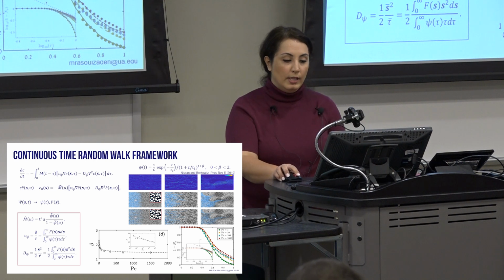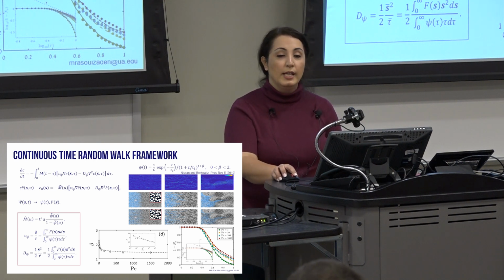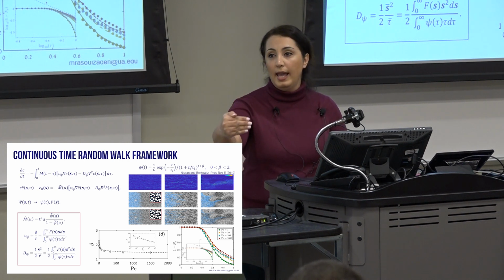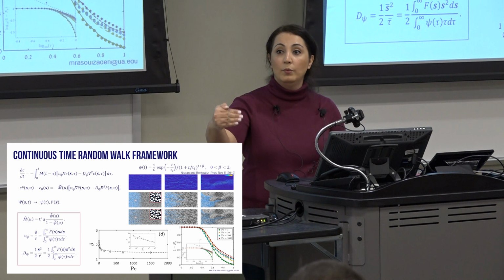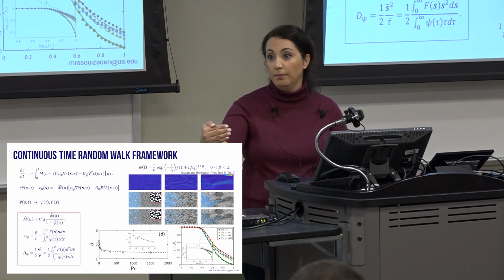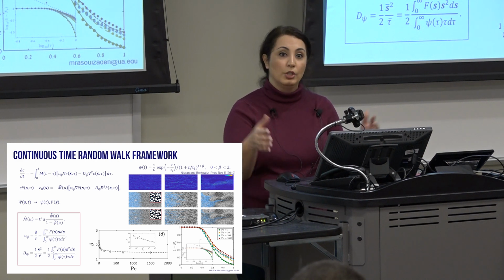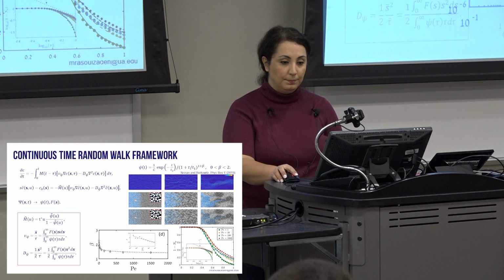And as you can see, the beta coefficient decreases as the Peclet number goes up, and the extreme anomalous behavior shall be expected when we have a high Peclet number in the medium. So we see that it is below 2, which represents the anomalous behavior.